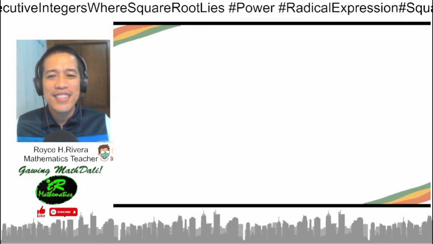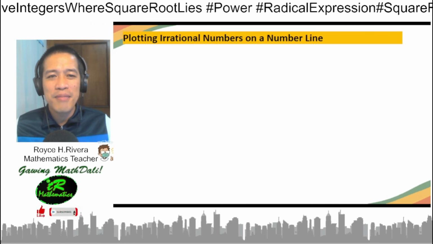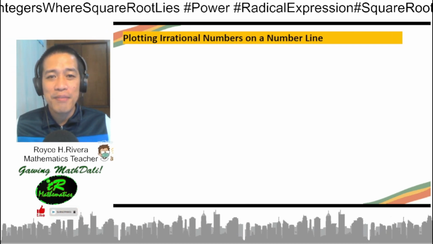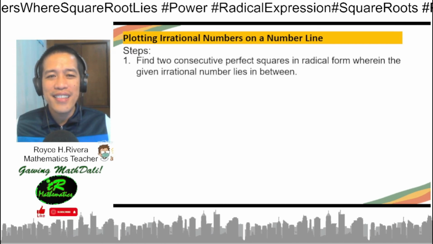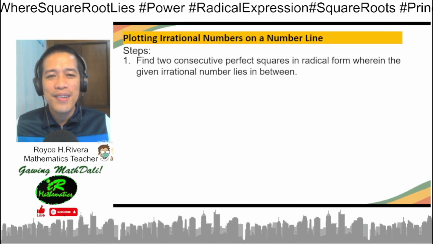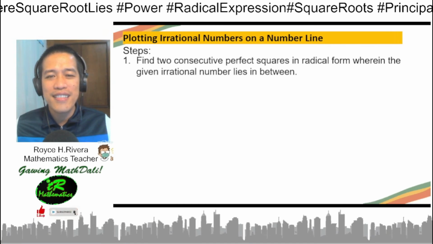Dumako na tayo sa second part ng ating discussion, plotting irrational numbers on a number line. Here are the steps. Number 1, find two consecutive perfect squares in radical form, wherein the given irrational number lies in between.